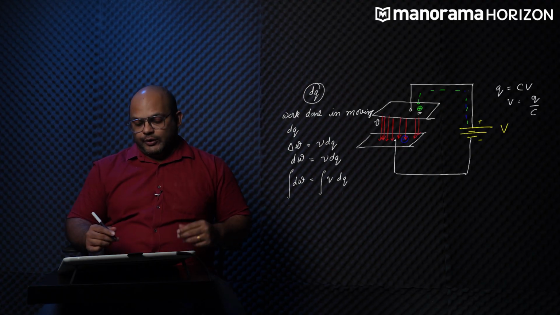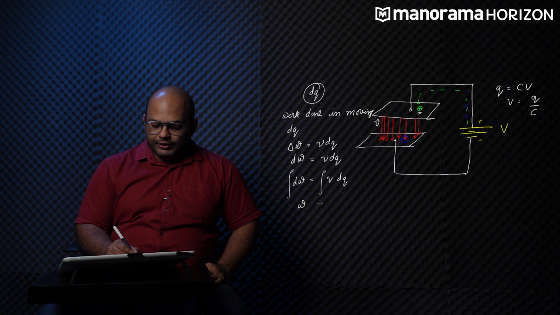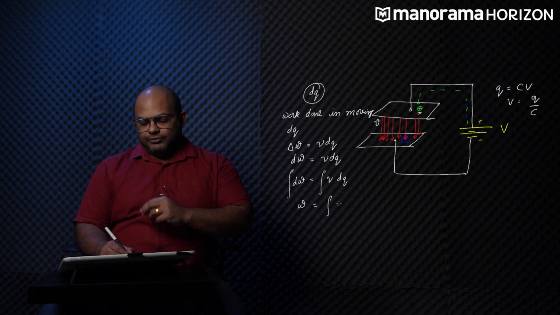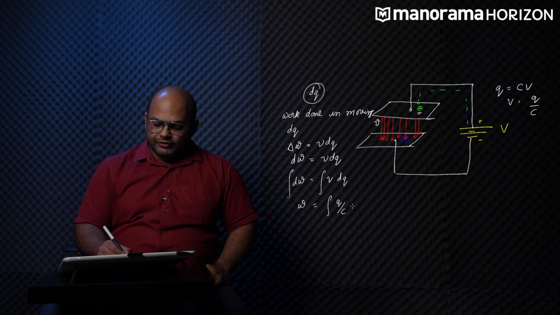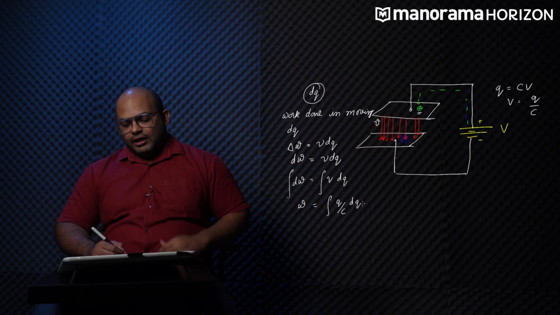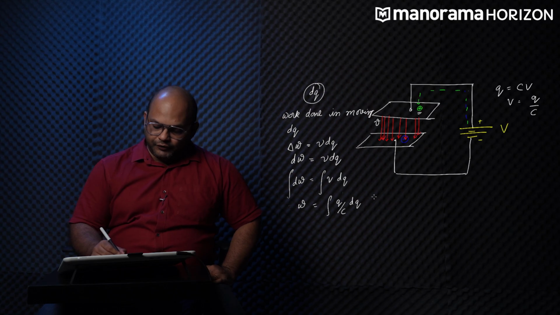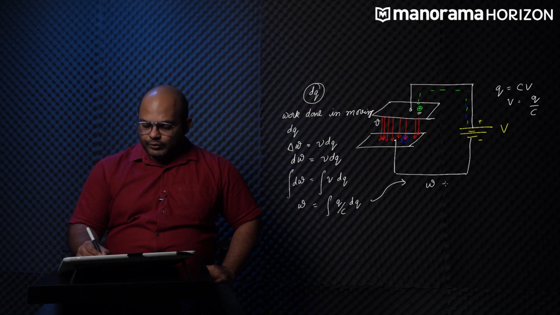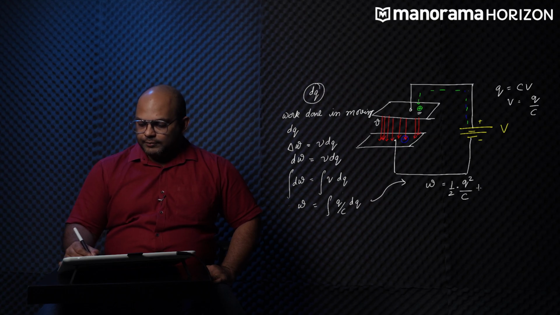So we can write this equation as W is equal to the integral of v, which becomes q upon c, so this is q divided by c, dq. If you integrate this expression, we get W is equal to q square divided by c times half, plus a constant of integration.